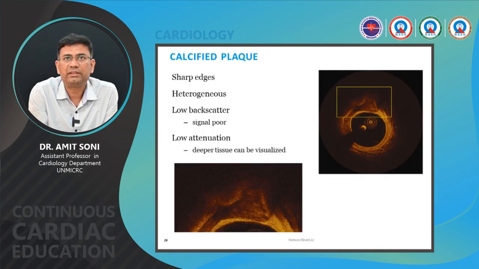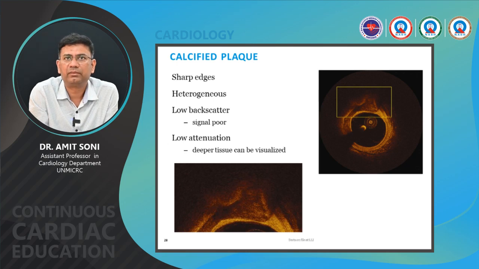Calcified plaque: you can see sharp edges, heterogeneous texture, and low backscatter. That is a poor signal, which is why it looks black compared to fibrous plaque.